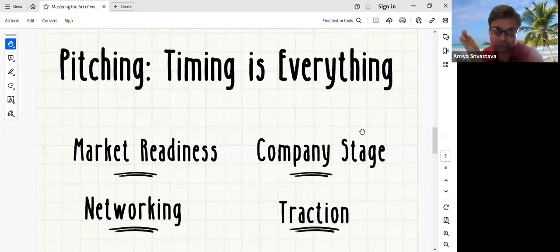This is not even talking about the pitch yet. Preparing the pitch itself, or pre-preparation rather, is a very heavy task. You have to put in a lot of time and research and understand your product, your company, your customers, your competitors, and then get out there to try and see whether you are now ready to draft a pitch. Okay.